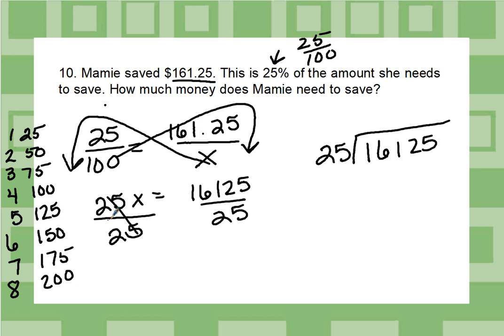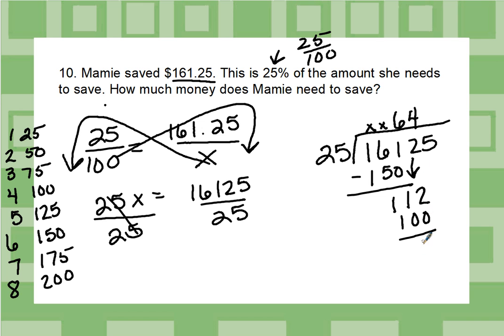So 25 can't go into 1, can't go into 16, but it can go into 161 6 times, which is 150. When we subtract, we got 11. Bring down that 2. Now we look at 112. Look at that. It's going to be a 4, which is exactly 100.